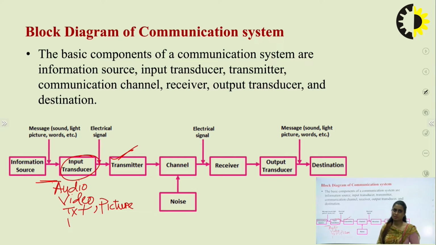we pass it through a transmitter, and the role of the transmitter is to match the characteristic of the input signal with the available channel. And if the available channel is capable of transmitting the signal as it is, it will pass on. Otherwise, in most of the cases, in passband communication or bandpass communication, the transmitter would perform the task of modulation.